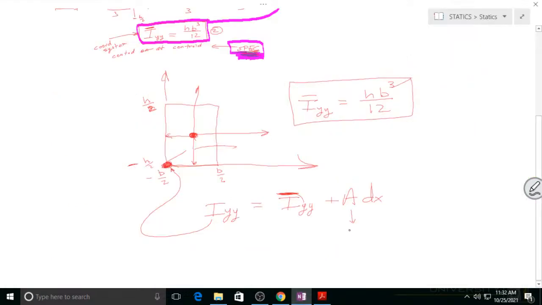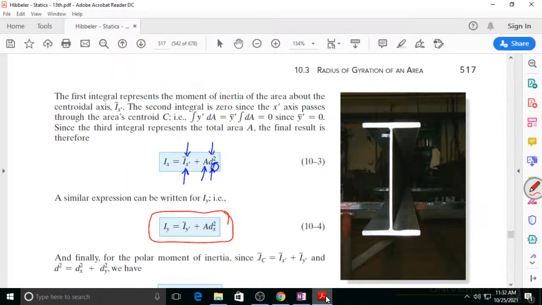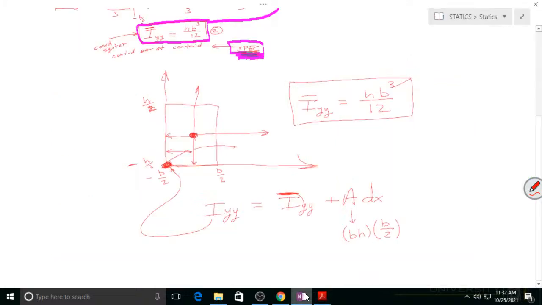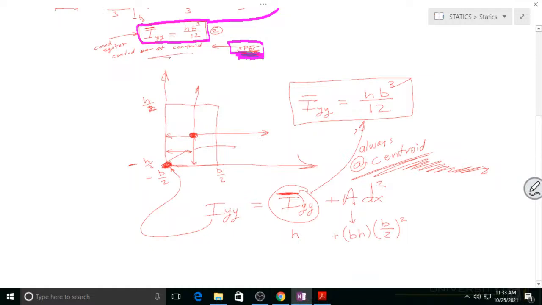So the area is base times height. The dx, the distance from here to here, base over 2, and I forgot one term there, the squared term, plus where this is at the centroid, so it's 1/12, or let me just look up here.